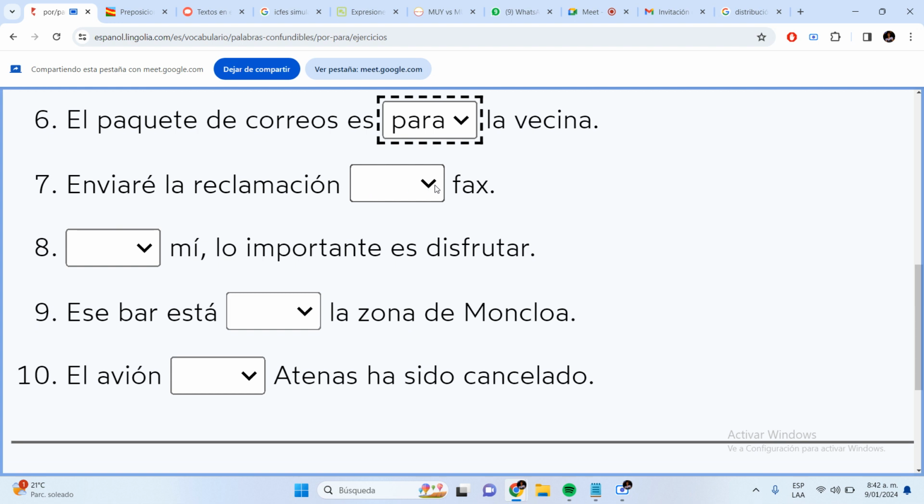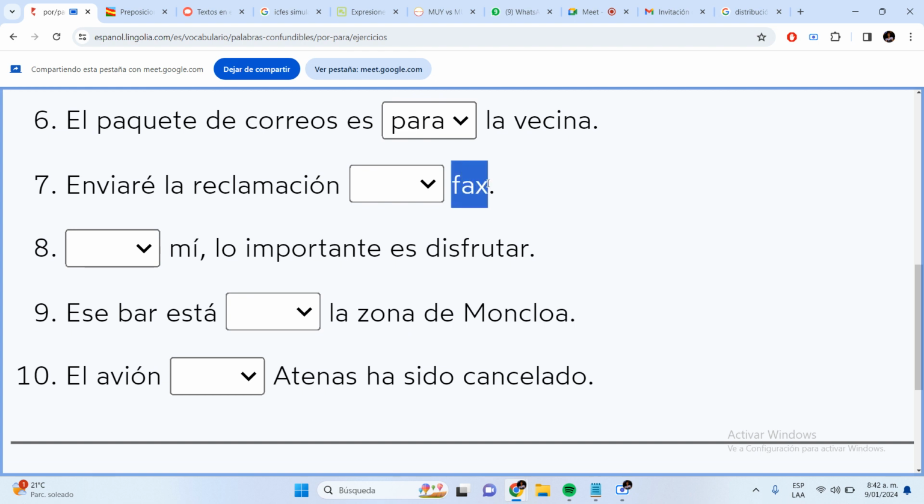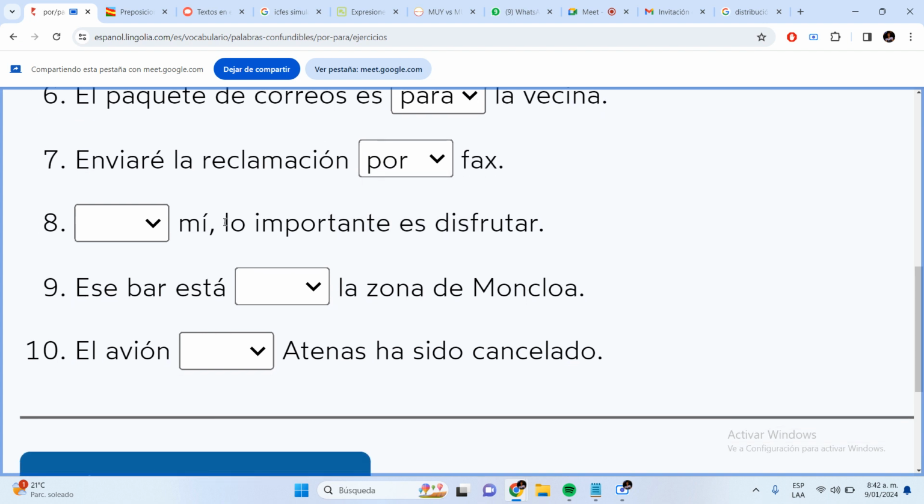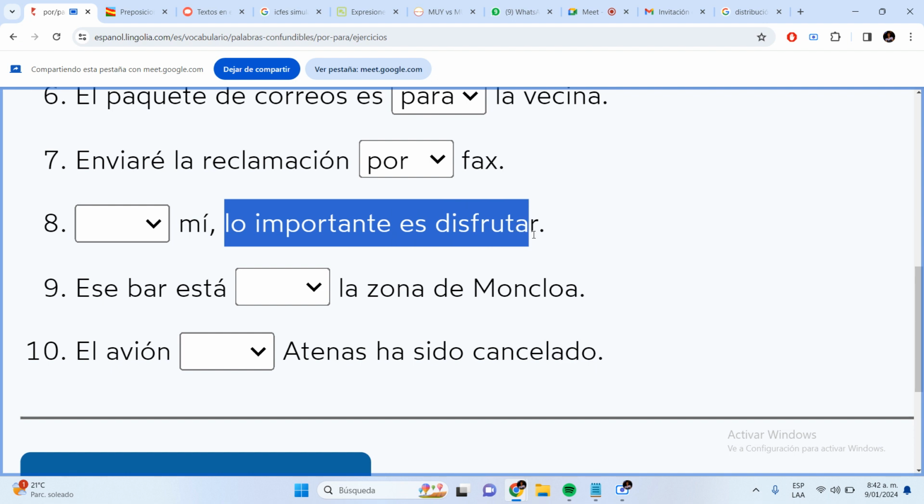Enviaré la reclamación por fax. Para mí lo importante es disfrutar.